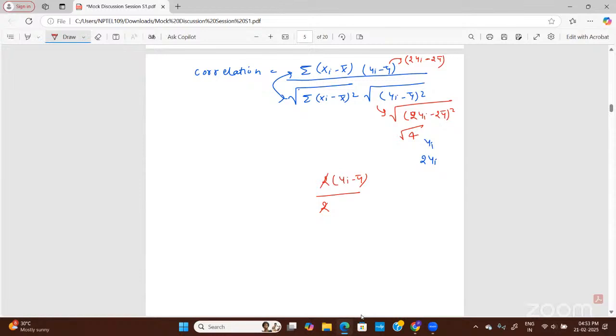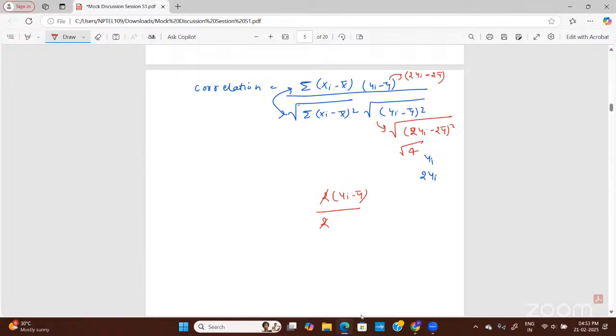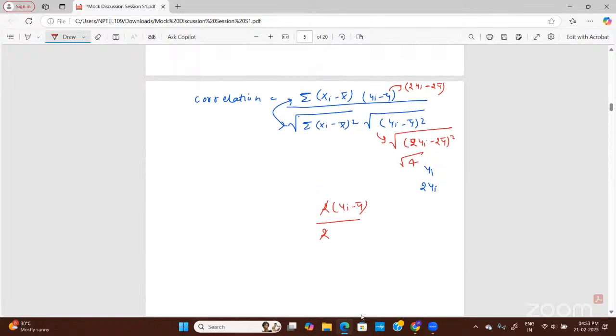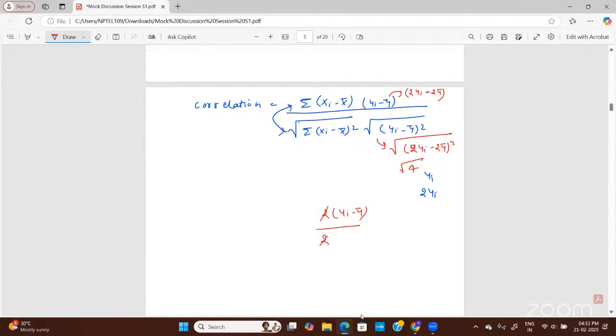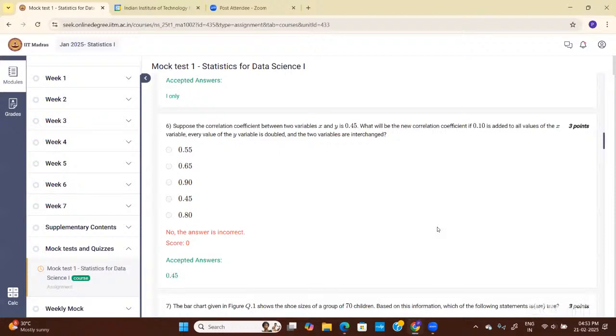Now is it clear? Below, the standard deviation portion is cancelling, that's what you're telling. Yes, because when we are adding or multiplying the observations, the correlation coefficient won't change.